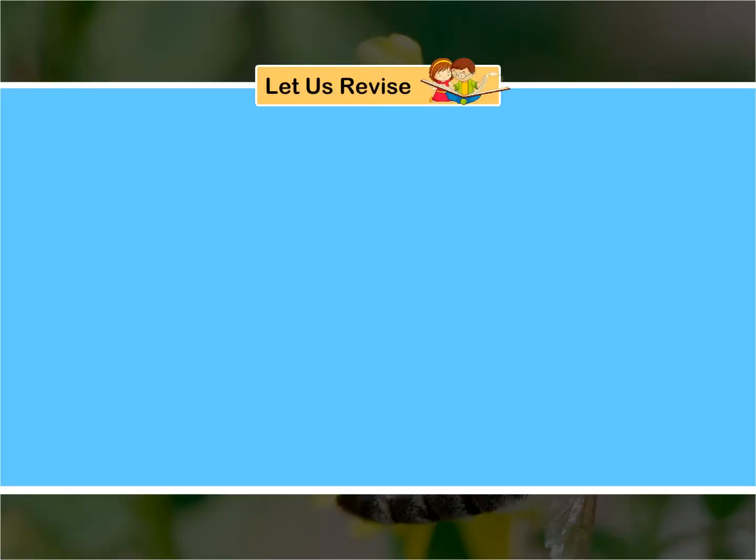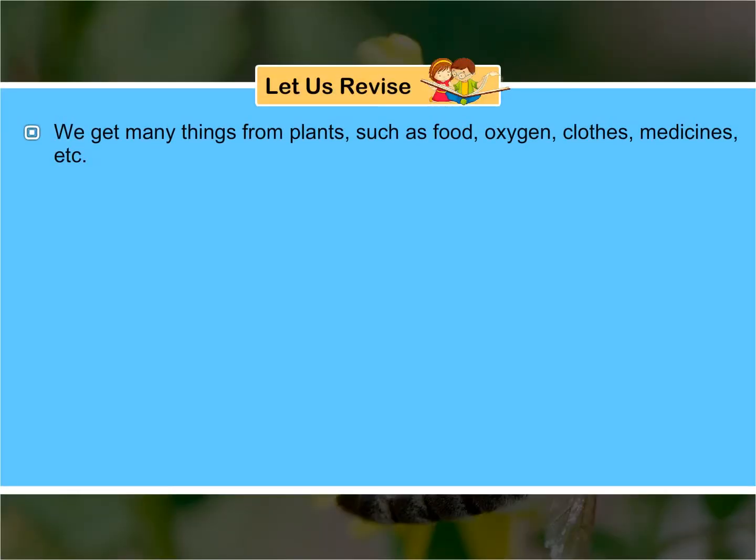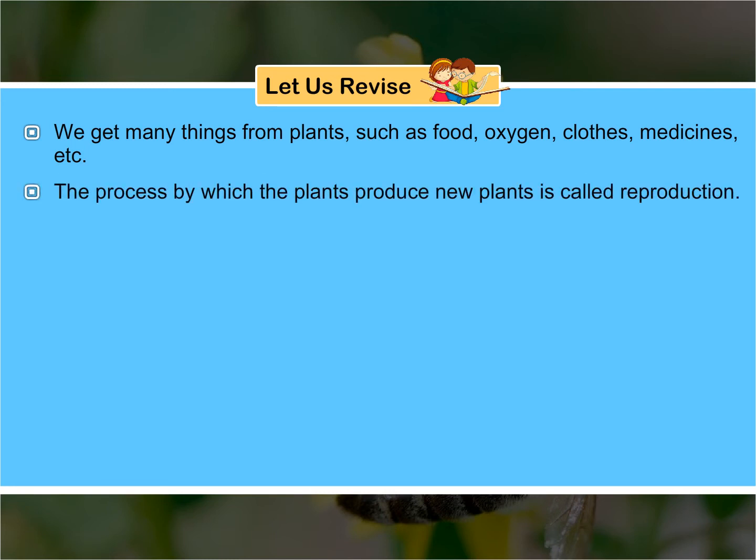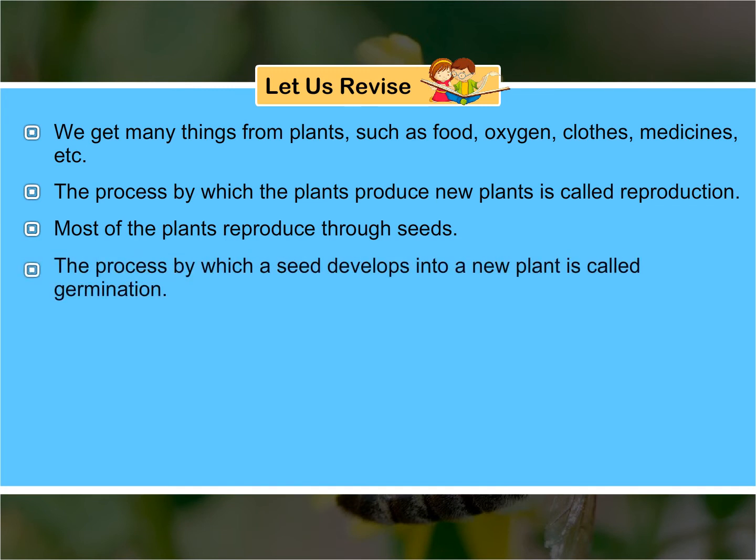Let us revise. We get many things from plants such as food, oxygen, clothes, medicines, etc. The process by which the plants produce new plants is called reproduction. Most of the plants reproduce through seeds. The process by which a seed develops into a new plant is called germination.